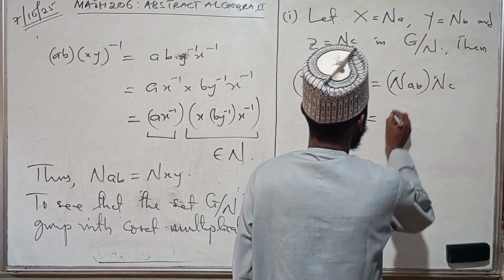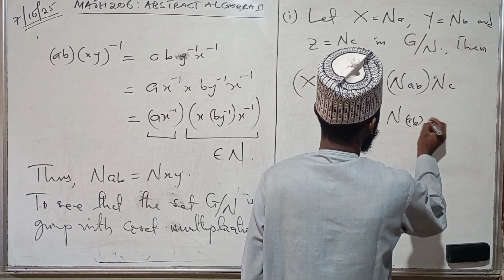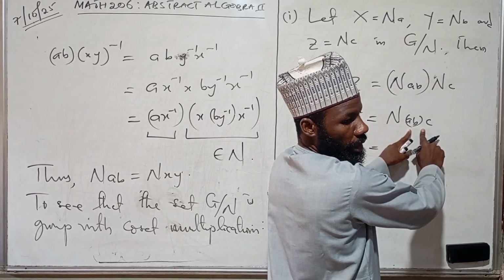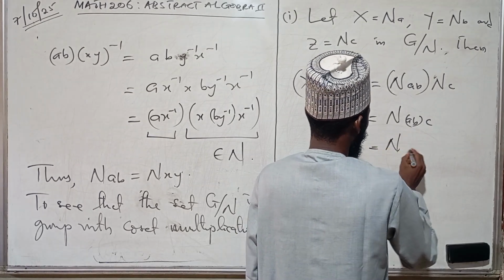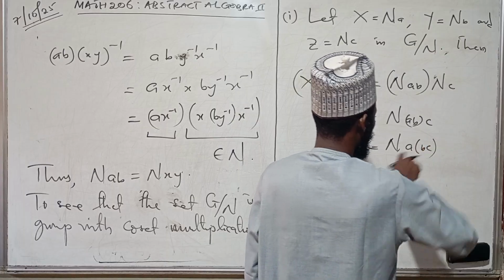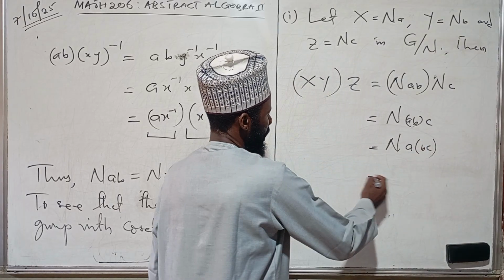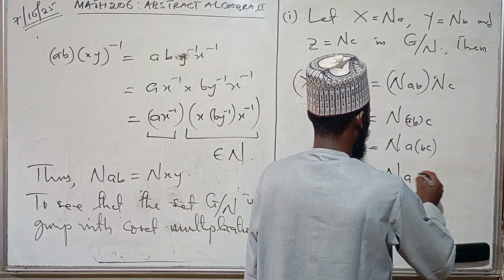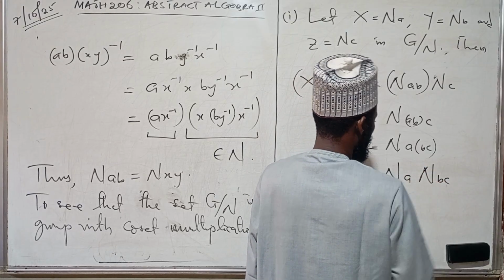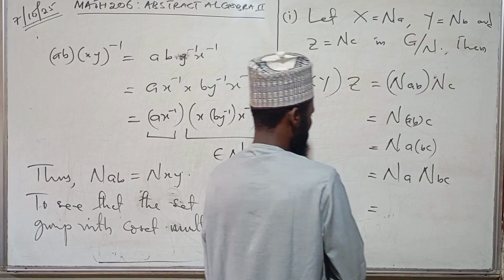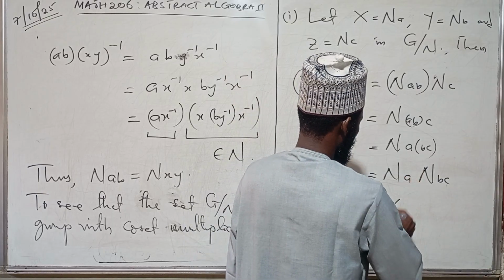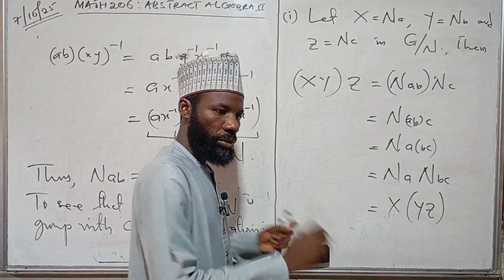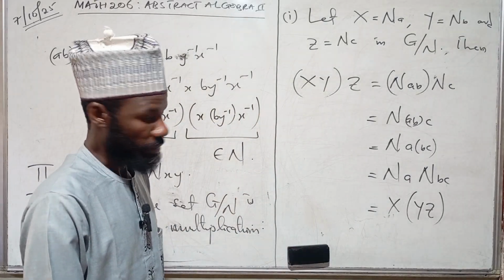But this would be NABC. And already associativity is happening in the group. So what we have here is ABC. I perform associativity in G, and that would be Na times what? Nbc. But you would now see that this is X and this is YZ. So the multiplication of cosets is associative.